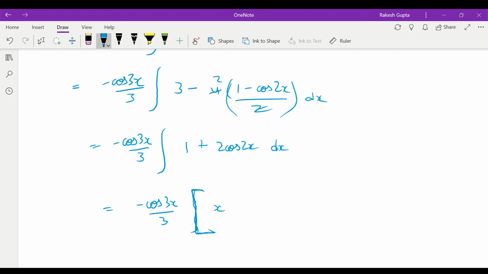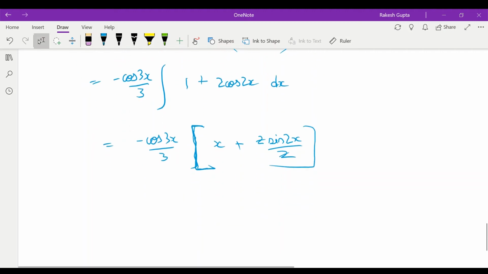So integration of 1 with respect to x is x, and when I integrate 2 cos 2x, I'm going to get 2 sine 2x by 2. This 2 and this 2 get cancelled, and then I'm left with this. So this is the solution for part 1.